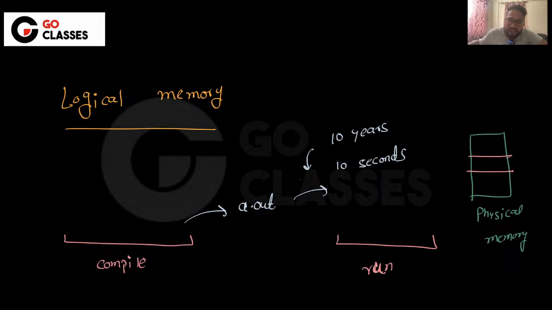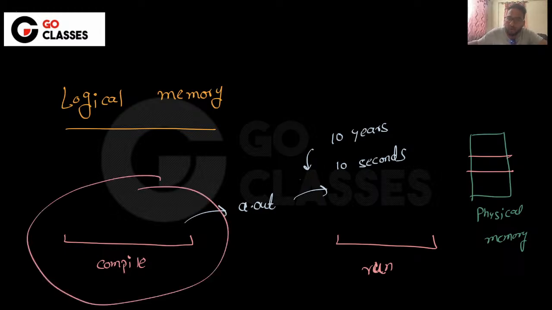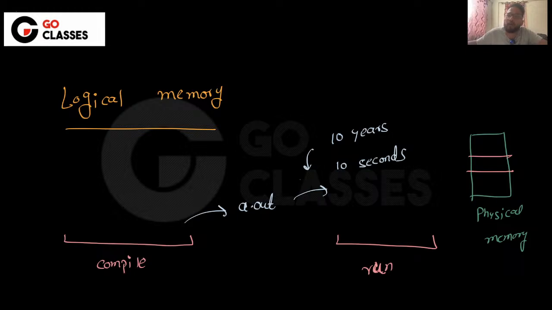So this compilation phase should, logically I'm saying, be independent of what's going to happen at runtime, right? So the conclusion is that this compilation should be independent of the runtime. So let me write it here. The compilation that you are doing should be independent of what's going to happen at runtime.